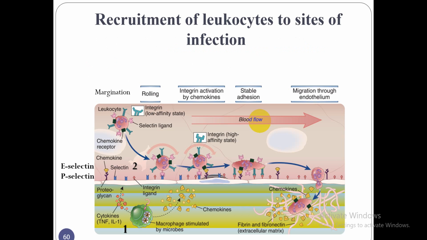If we want to speak about the steps of inflammation process and recruitment of leukocytes to the site of infection, as you see in the picture, you see a blood vessel and a tissue.